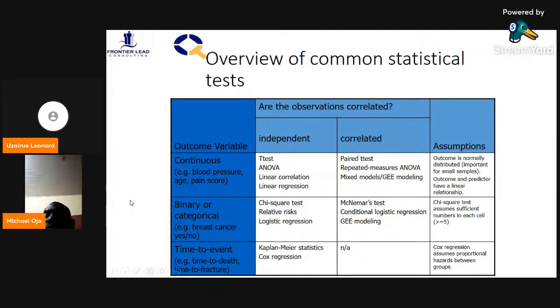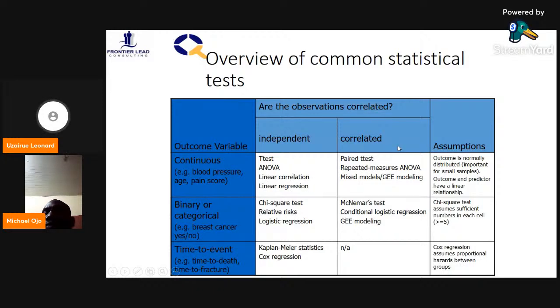Those are continuous. If they are continuous, the next question you ask yourself is, are they independent? If they are independent, meaning they are not related to each other, then you can run either a t-test, ANOVA, or a linear correlation or linear regression on it.